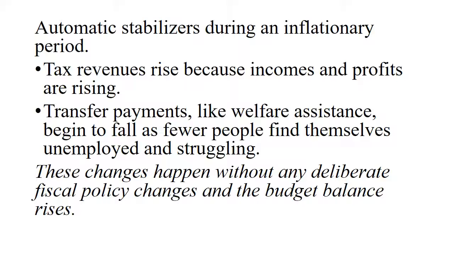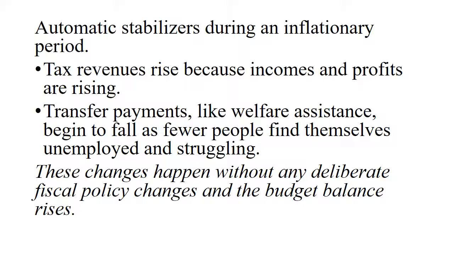In terms of transfer payments, as the economy starts to turn around and more people return to work, there will be fewer people that qualify for those government services like food stamps, unemployment, Medicaid. So we have fewer people who are receiving them, and therefore the amount of money spent in transfer payments will fall.